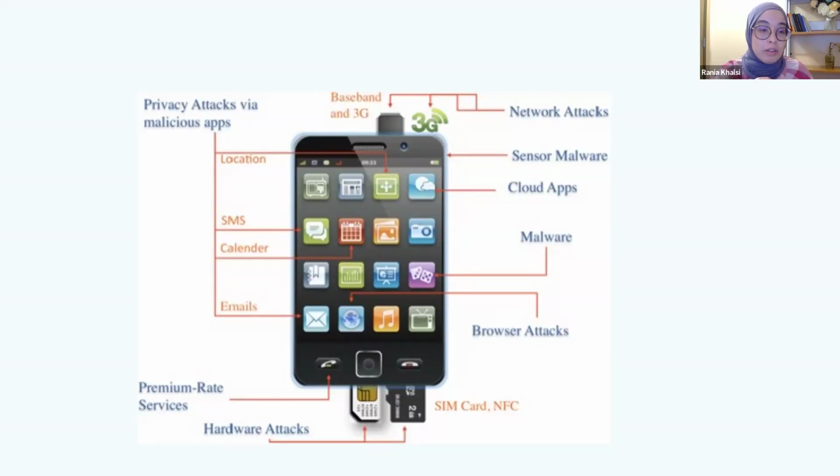We also see malicious apps like sensor malware and even hardware-related attacks, for example, the SIM card or NFC. Okay, so the important takeaway here is that every feature, connection, or interface adds to the attack surface. This is why the principle of minimizing the attack surface is so important.